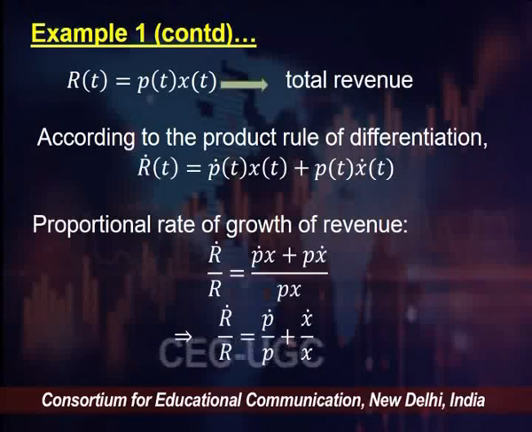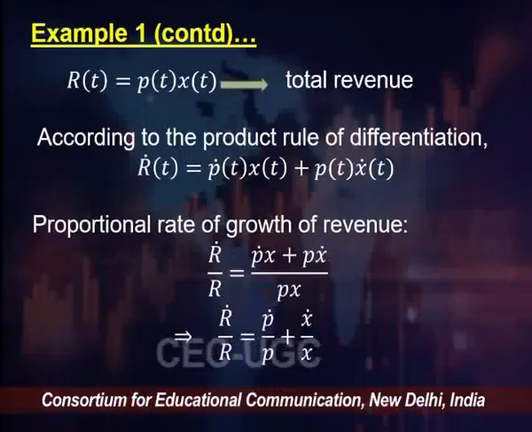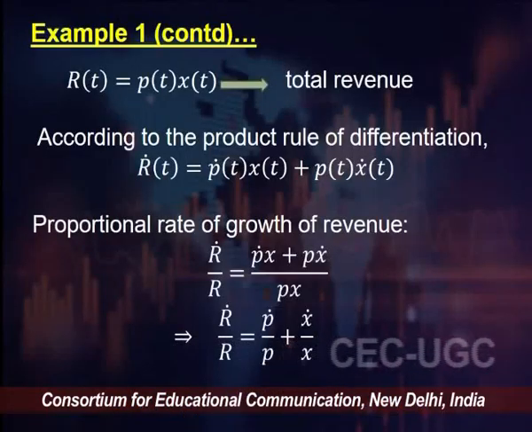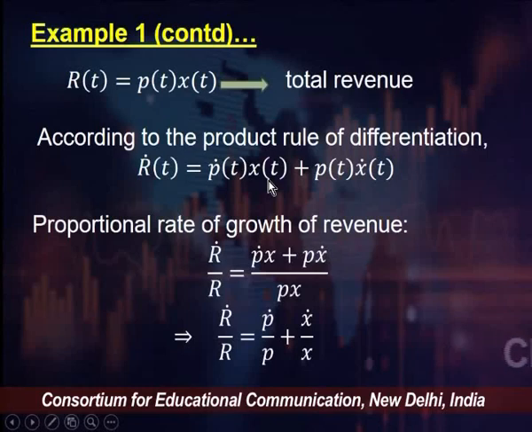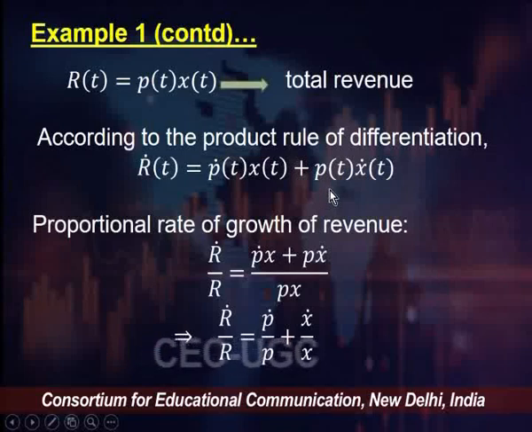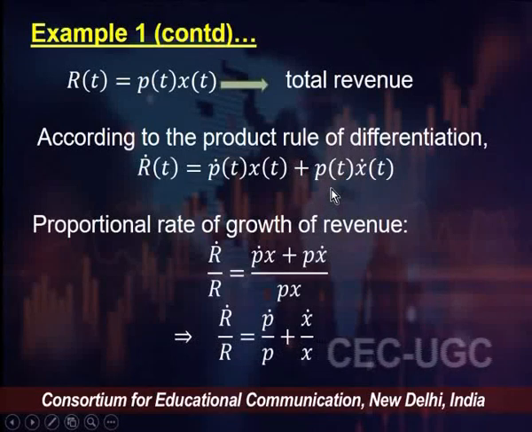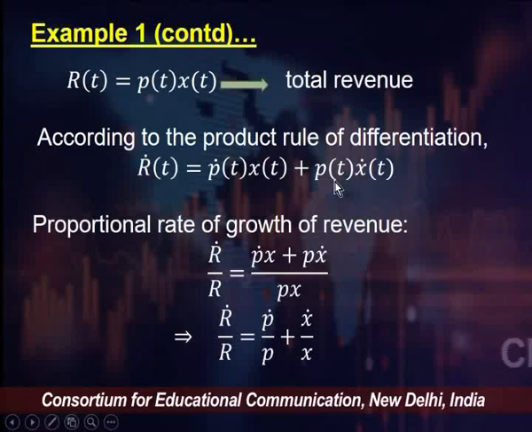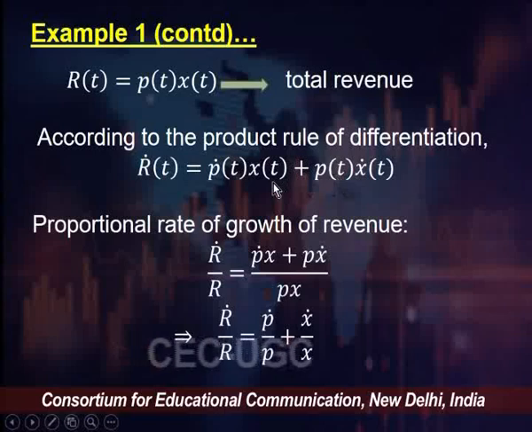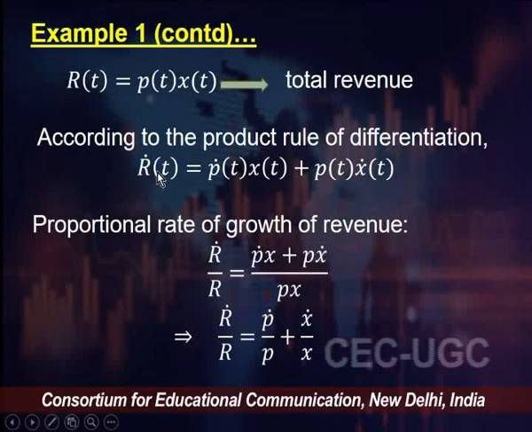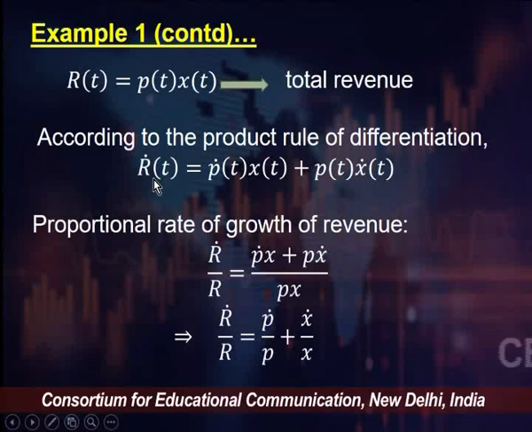And that increase has two components. One part of the increase in the total revenue comes from the first expression, p dot times x, because p dot is positive. The second part comes from the expression p of t times x dot. So our assumptions, p dot and x dot being positive, are vital here for r dot to be positive, or for the total revenue to be increasing.